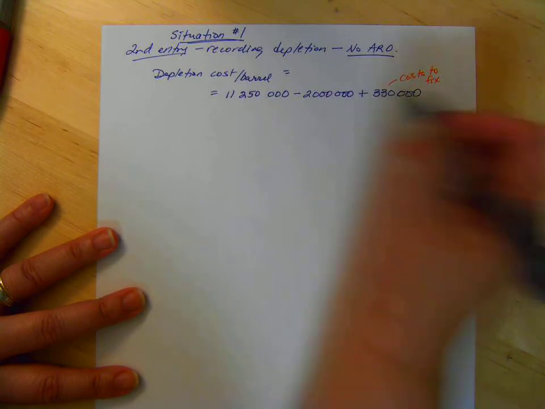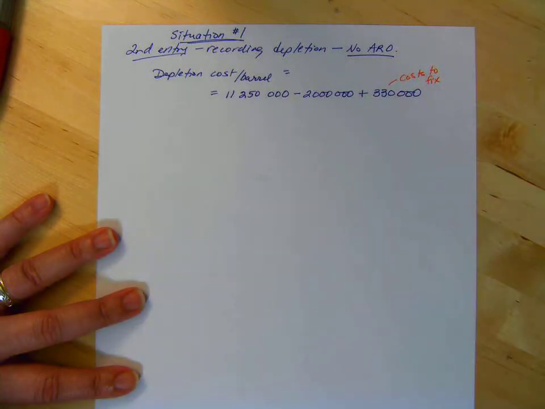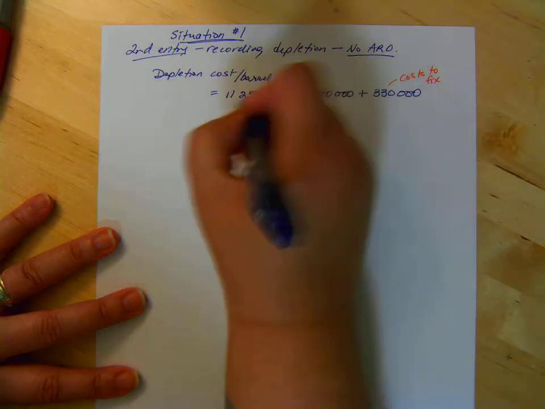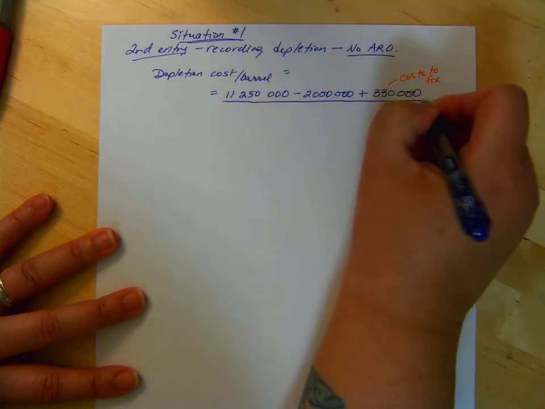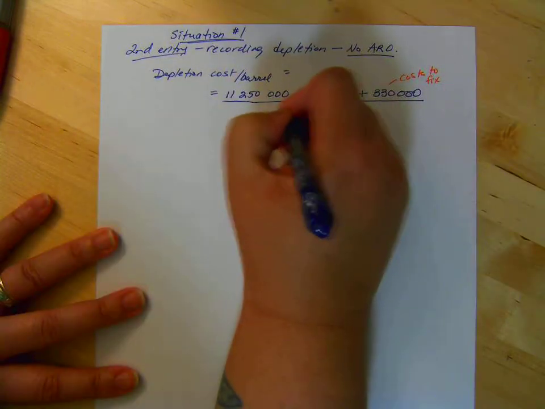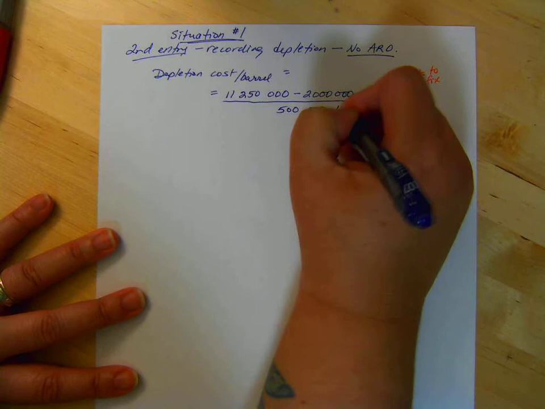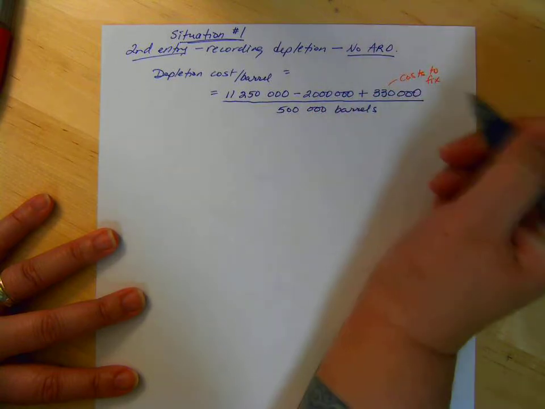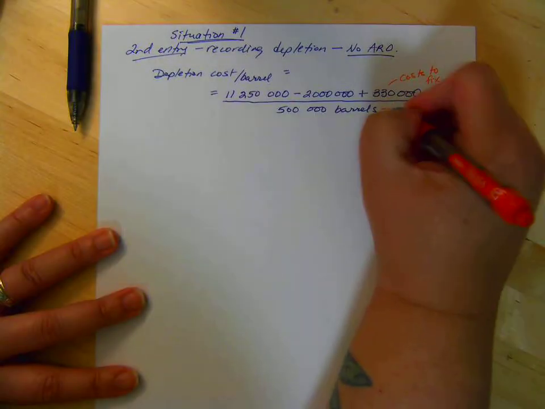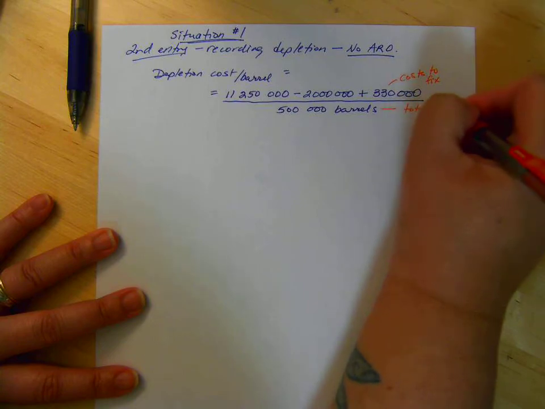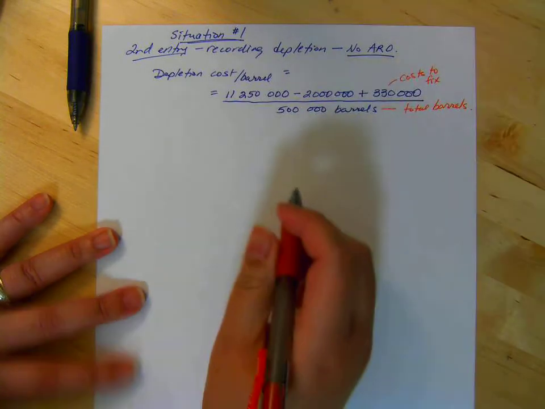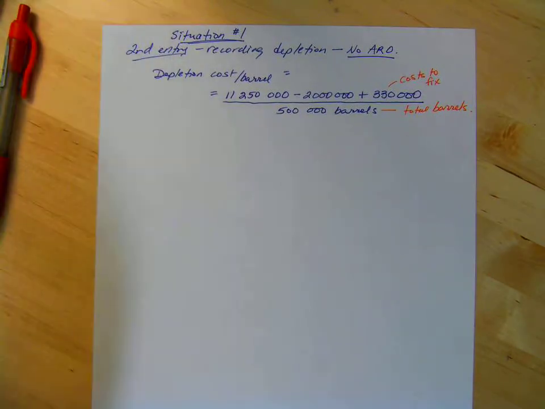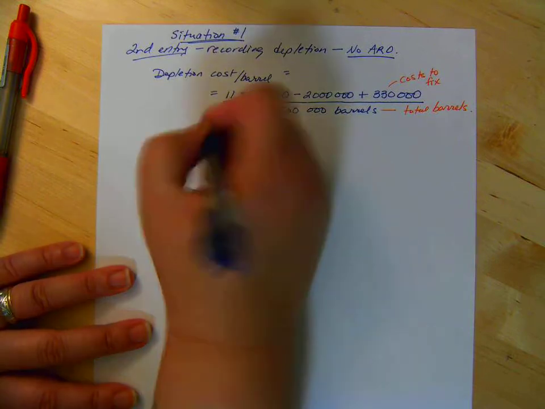So this is units of production. Here's all the costs, and we divide it by 500,000 barrels, which represents total barrels that it's going to produce. Okay, did everybody find those numbers?